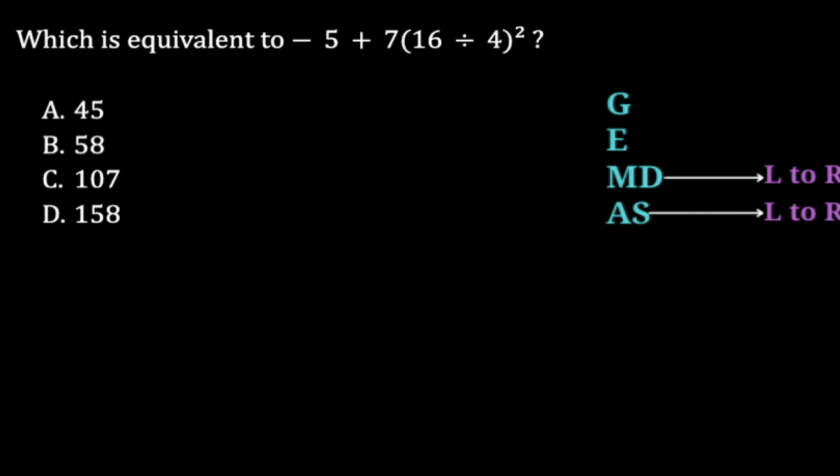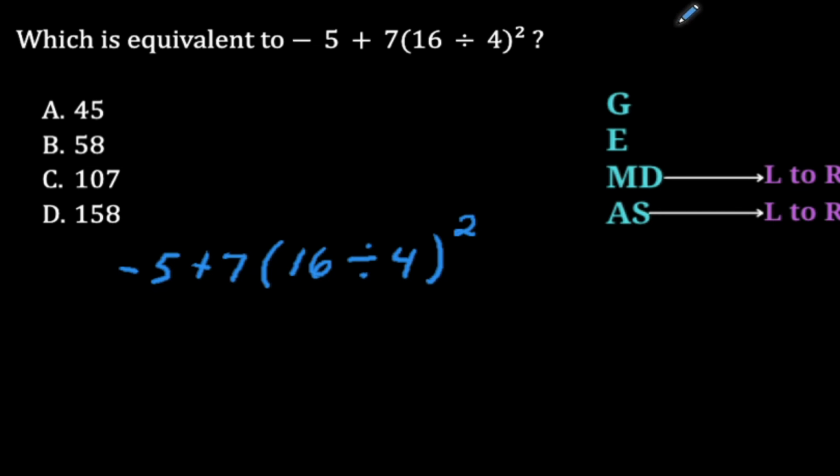Okay, so this question asks, which is equivalent to -5 plus 7 times the quantity 16 divided by 4 squared? All right, so let's go ahead and rewrite this as we normally would. So we have -5 plus 7 times the quantity 16 divided by 4, and that is squared.